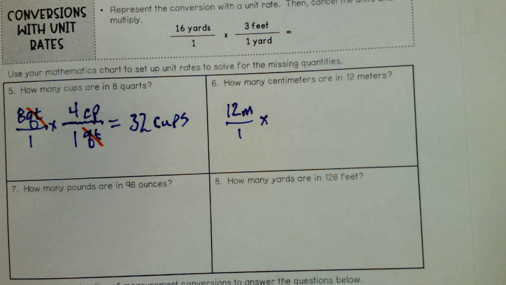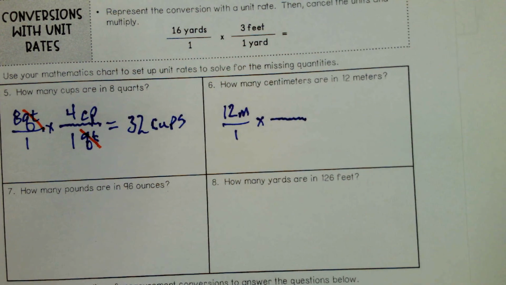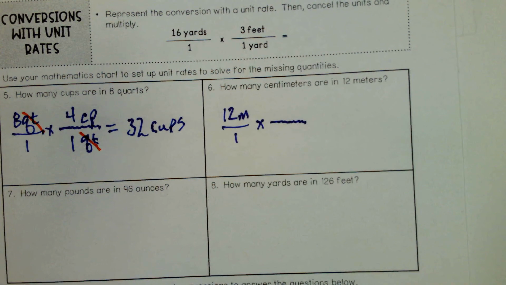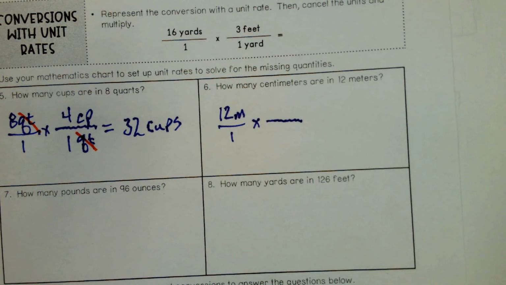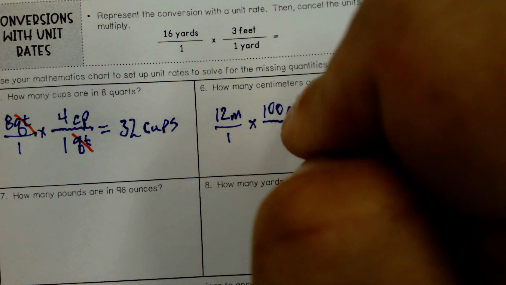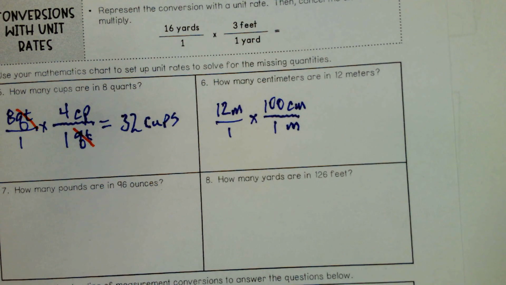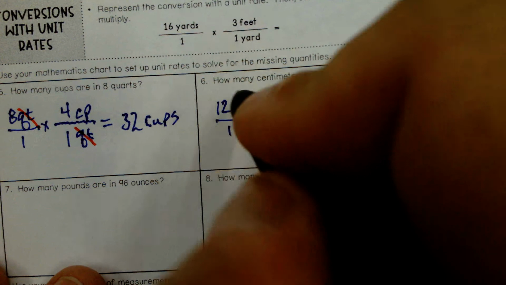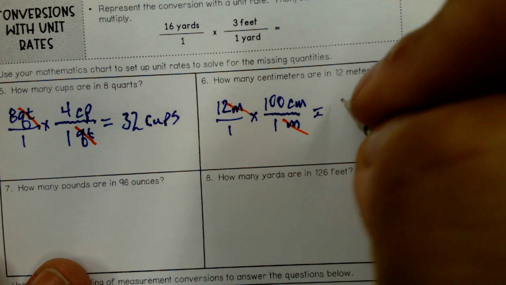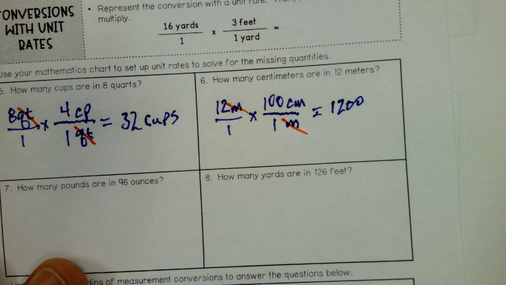Okay. So let's try that. 100 centimeters is 1 meter. So where will it go? On top. All right. So let's cancel. And we end up with 1,200 centimeters.